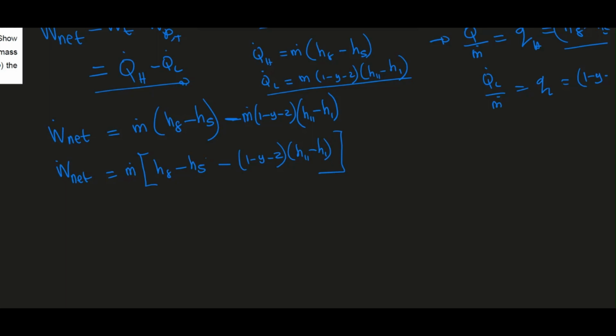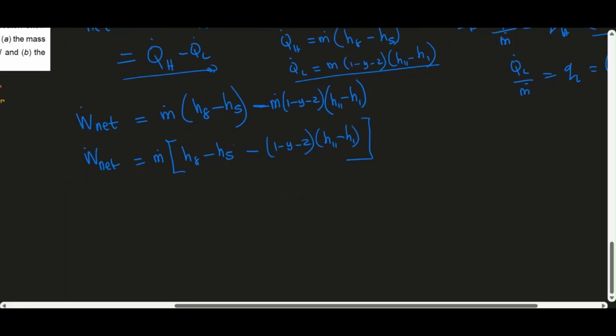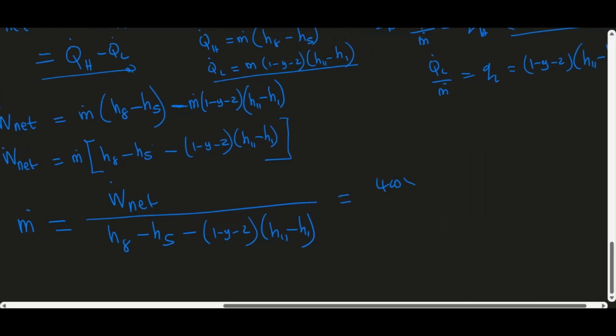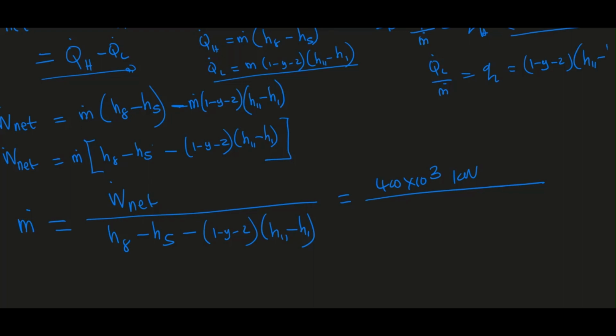So m dot is equal to work net divided by h8 minus h5 minus (1 minus y minus z) times (h11 minus h1). This is 400 times 10 to the power 3 kilowatts divided by what is h8.